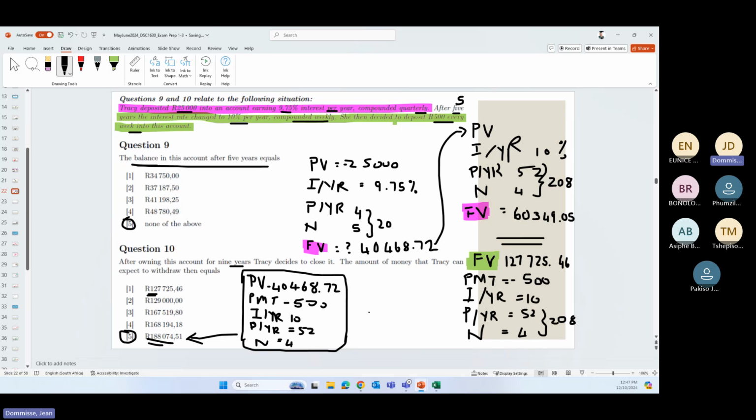You could put it all together in one, work it out, and you will also get option 5. So again, there are different ways that you can get to the same answer in this one.